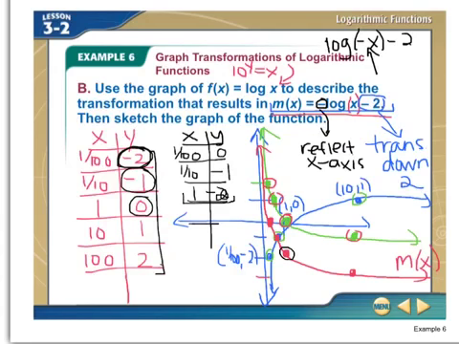And then the last point that we graphed, because we never graphed 100, comma 2, our last point should be an x-coordinate of 10. When we do the reflection, this 1 becomes -1, and then we shift it down 2 more units, which would put us at a y-coordinate of -3. So this would be our table for m of x.